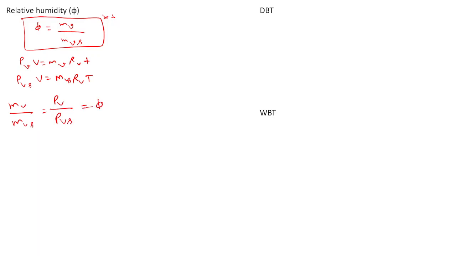This will become phi. As of now you might not be able to relate much, but when we solve questions, at that time I will show how to find these in numericals. Okay. So now write this formula. Now we will see the physical significance of relative humidity. Before that, I will also tell one more thing, degree of saturation.